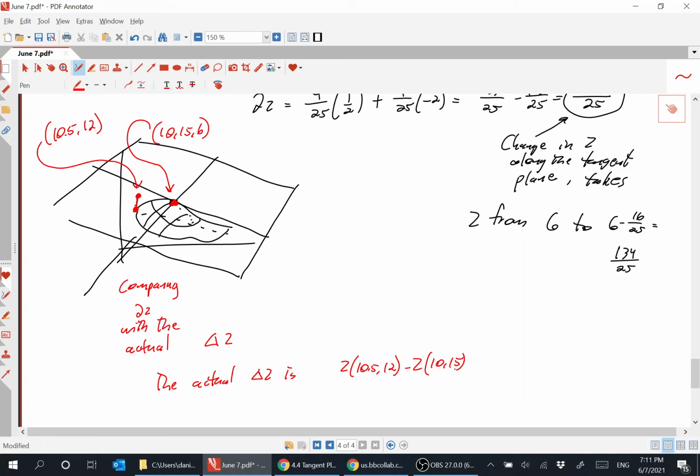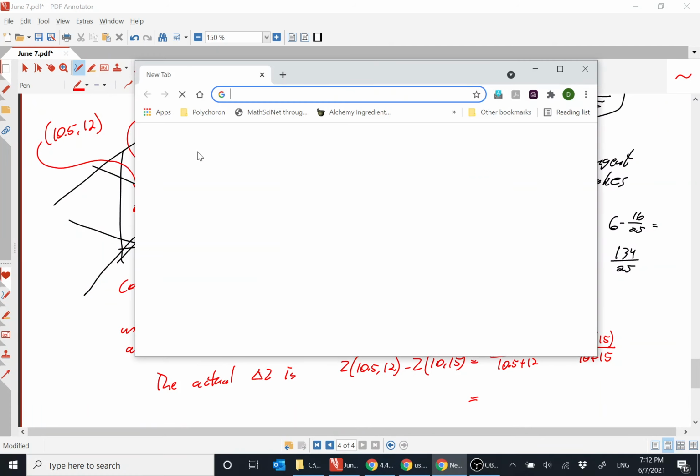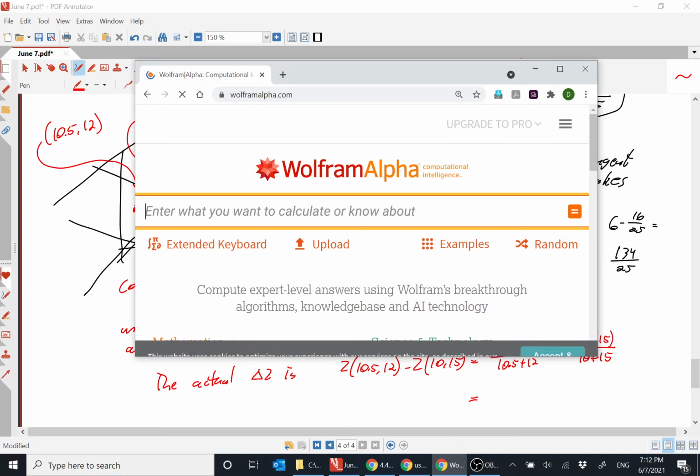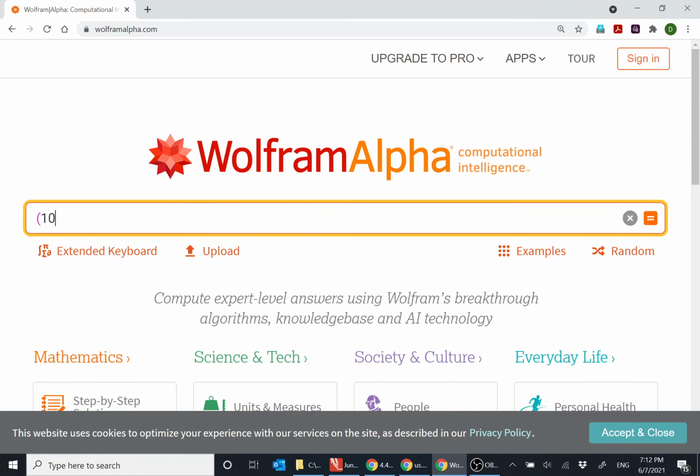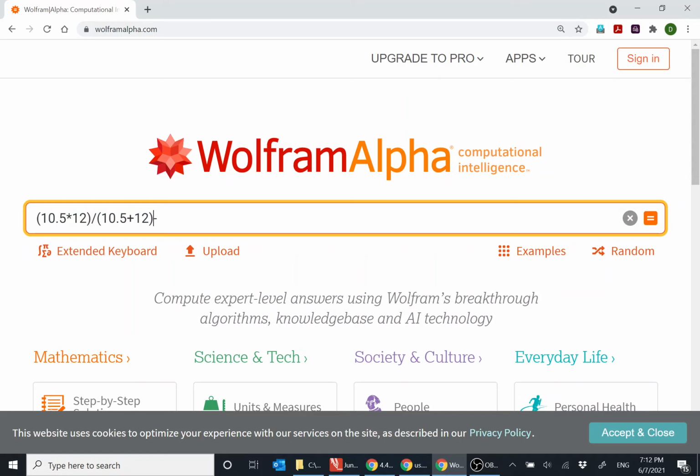So it's equal to 10.5 times 12 over 10.5 plus 12 minus 10 times 15 over 10 plus 15.